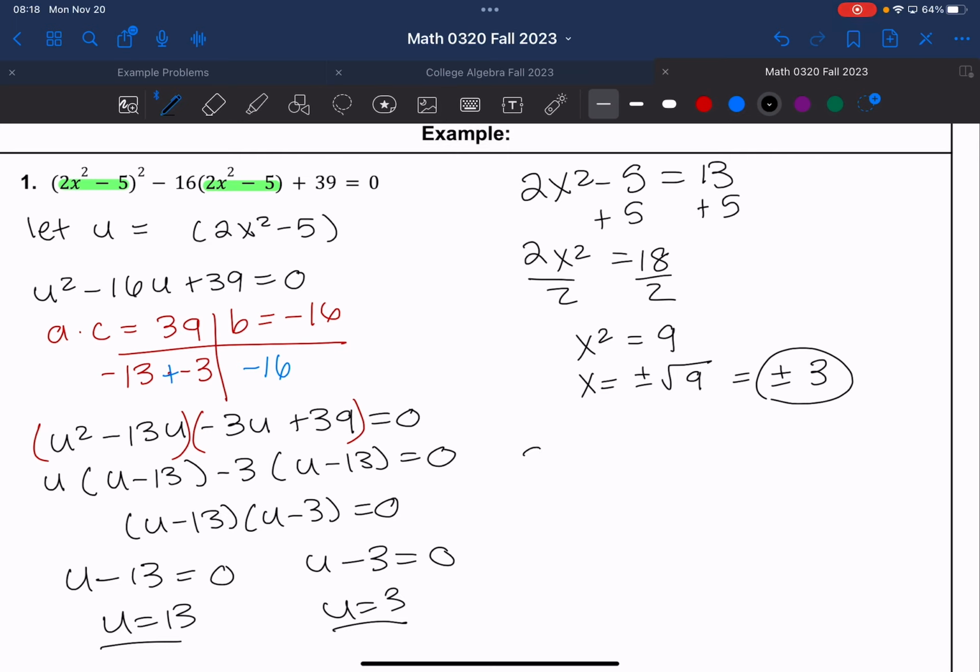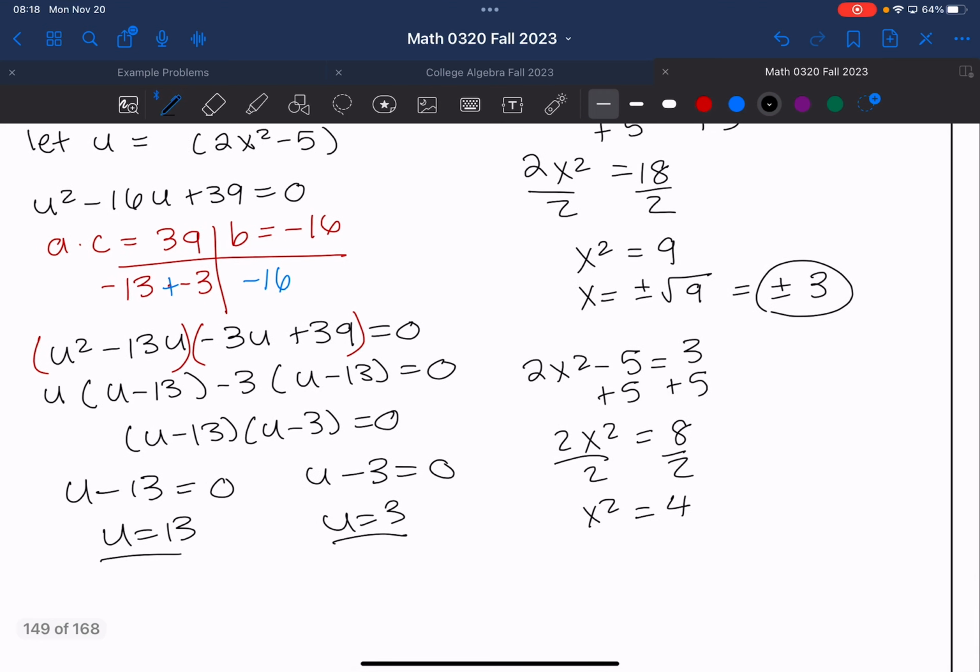Now I'm going to take that 2x squared minus 5 and set it equal to what number? 3, because that was the other answer I got for u. So I'm going to add 5 to both sides, and I get 2x squared equals 8. Divide by 2, and I get x squared is equal to 4.